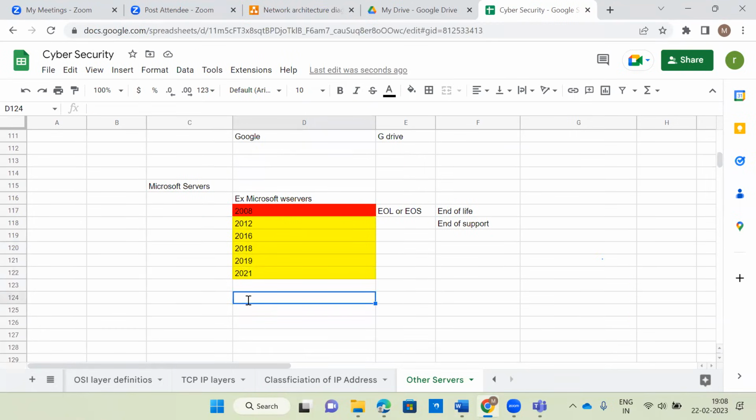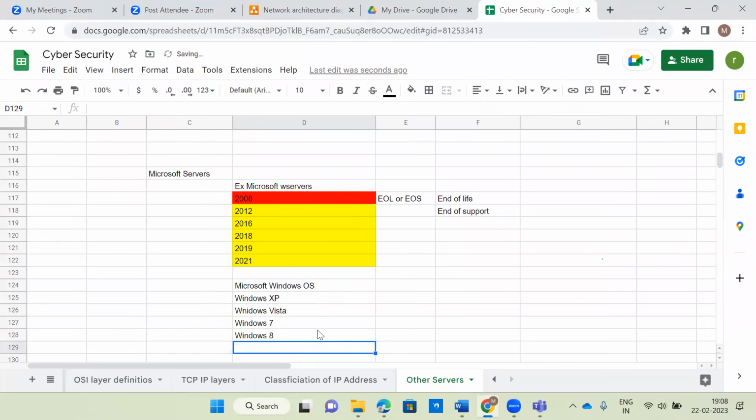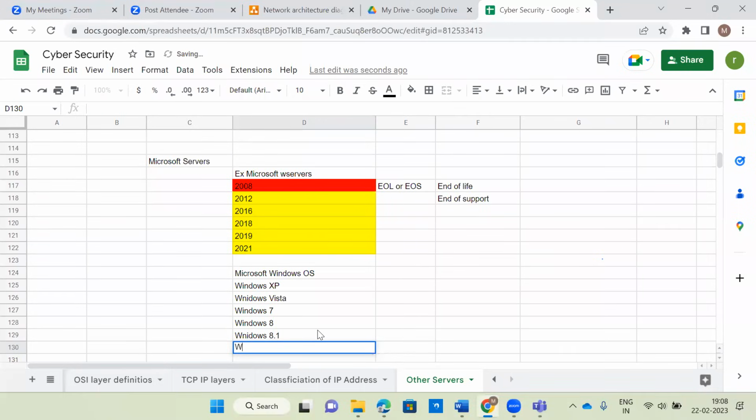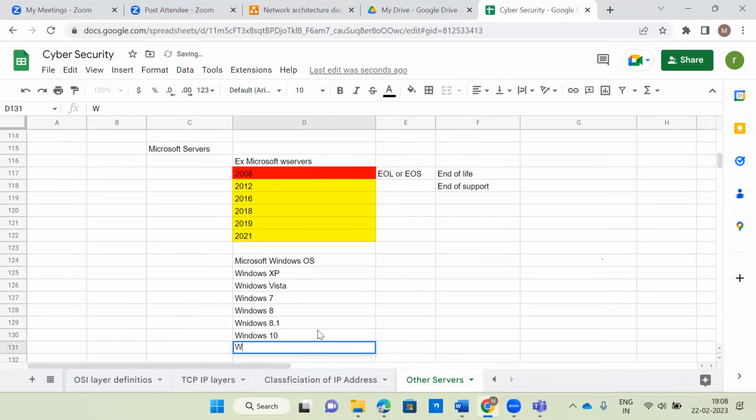Coming back to Microsoft Windows operating systems. On the end user side, for example Windows XP, Windows Vista, Windows 7, Windows 8, Windows 8.1, Windows 10, Windows 11.